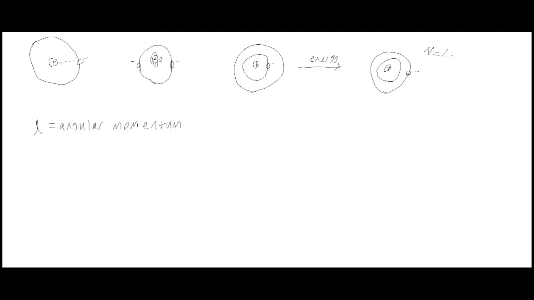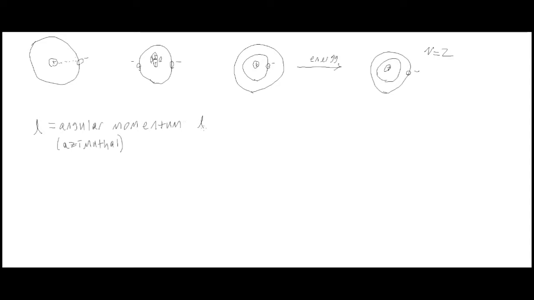And sometimes you'll see it written as azimuthal. And that just has to do with things like polar coordinates, which I'm not going to get too into. I'm not going to get that deep into the mathematics of quantum mechanics here.